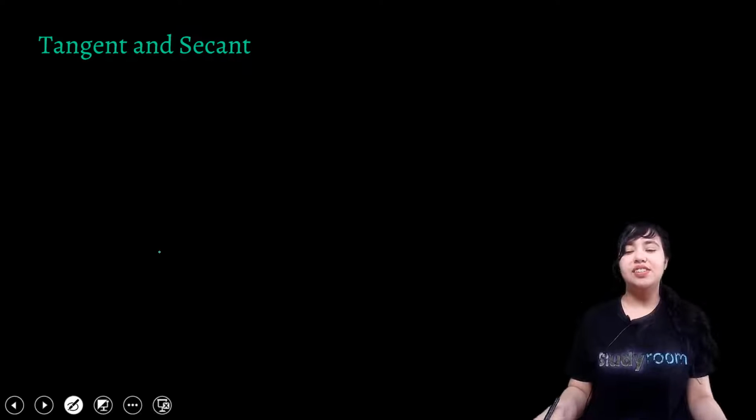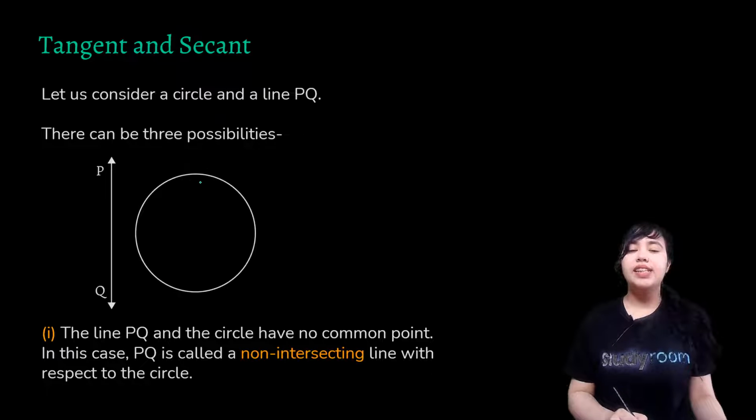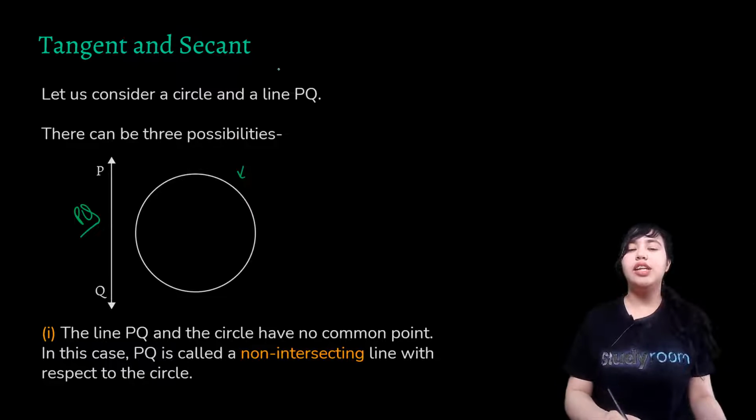Tangent and secant. To understand that, you need to consider a circle and a line. Let's say this is my circle over here and this is my line. What is the name of this line? PQ. There can be 3 possibilities when I'm considering the case of a circle and a line.